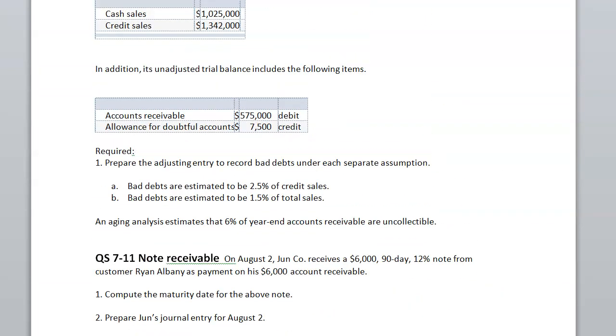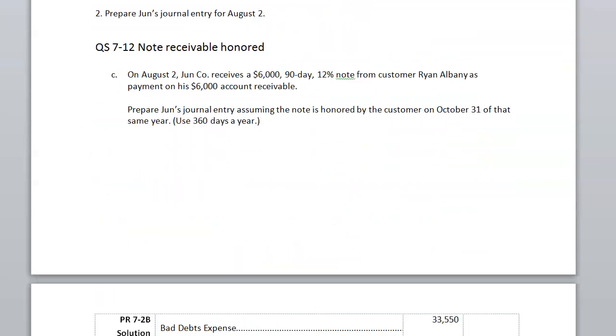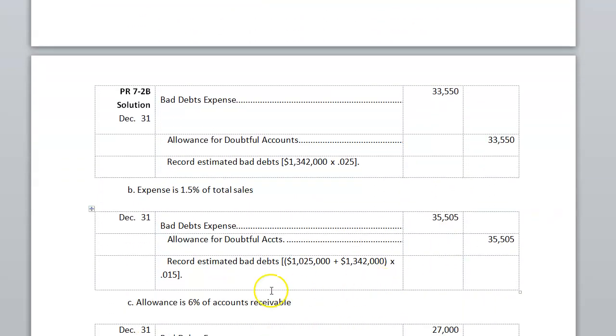In B, very similar. Bad debts are estimated to be 1.5% of total sales. So we're going to add up the cash sales plus the credit sales to determine total sales. Then we're going to multiply that amount times 1.5%. So here we have that times 0.015 or 1.5%.